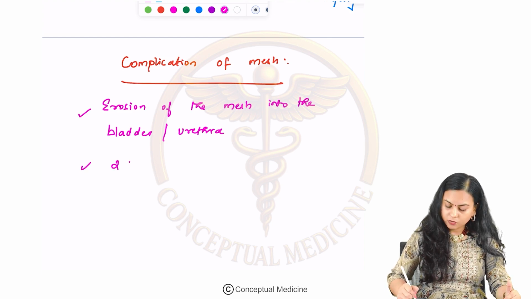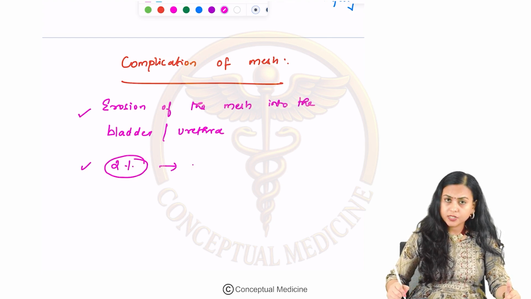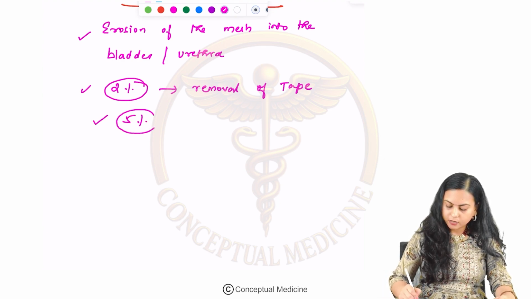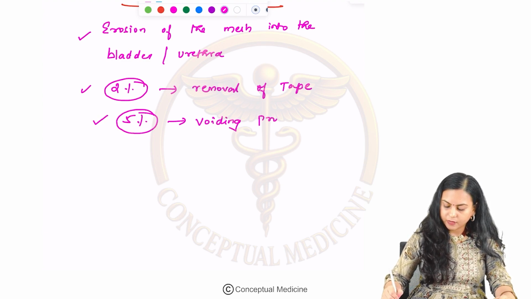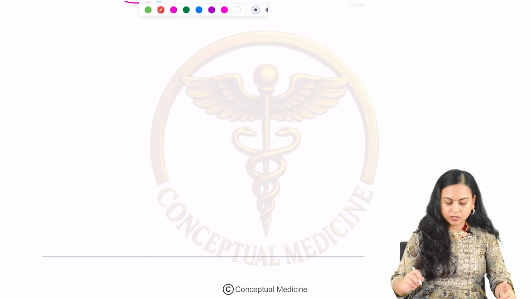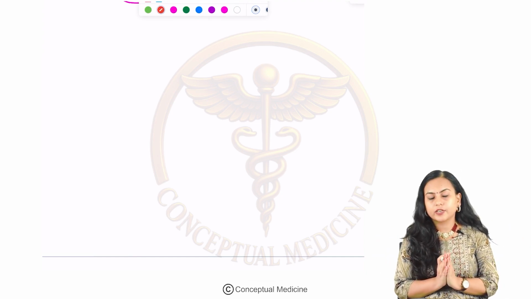If that happens, 2% of the cases may even require removal of the tape, and 5% of cases will have voiding problems again. Clear?